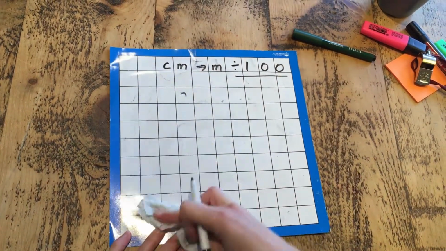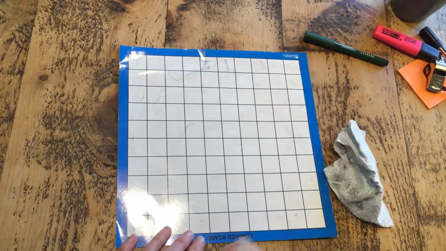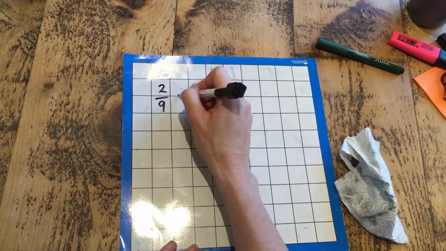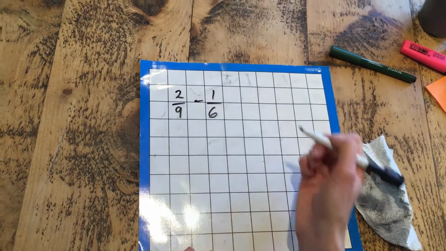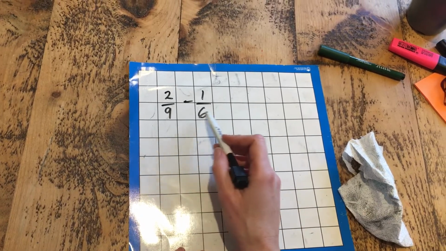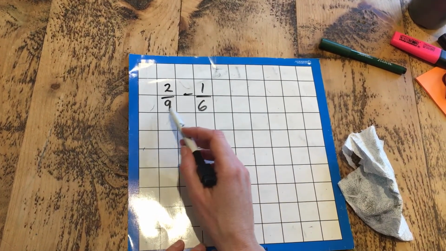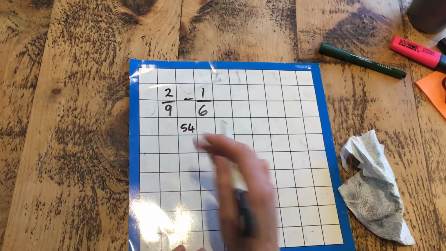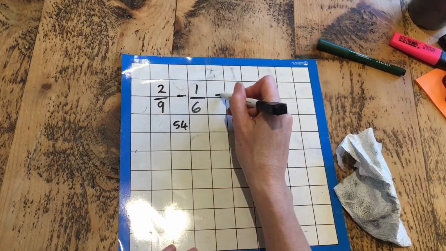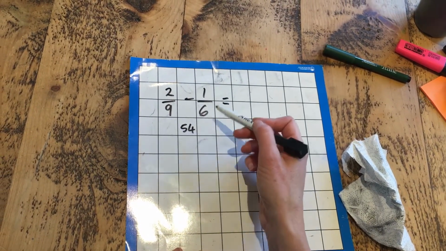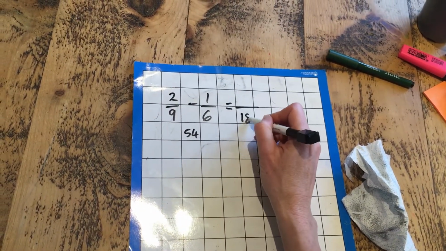Right, moving on to fractions. And you've got so good at adding them, I've decided we're going to start with a takeaway today. We're going to do 2 ninths minus 1 sixth. As always, you need to find a common denominator. You might say, well, I know 9 sixes are 54, that's what I'll make my denominator. But actually, you can make it easier for yourself than that. A multiple of 9 and a multiple of 6 is 18.